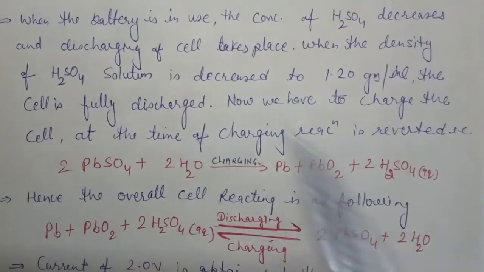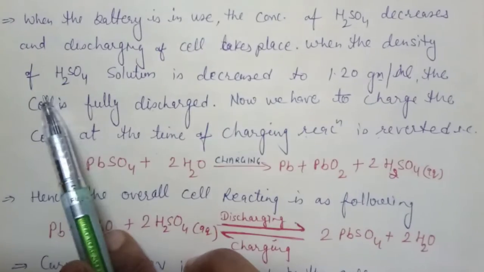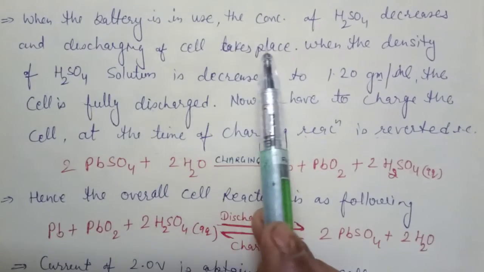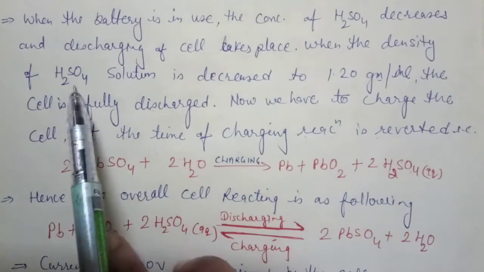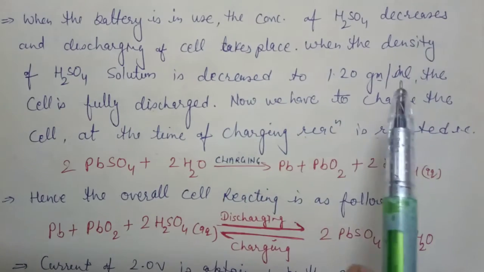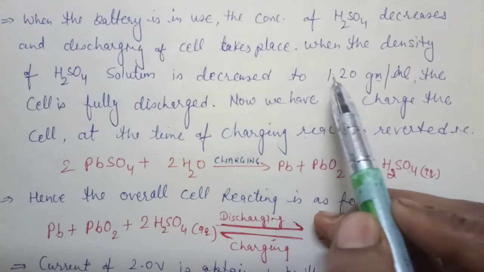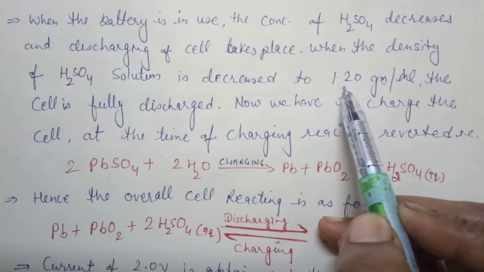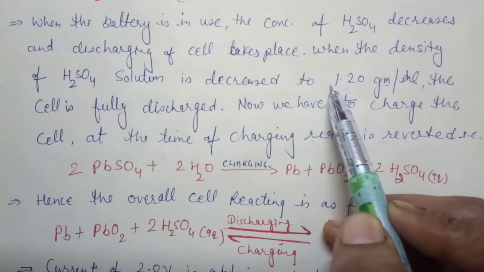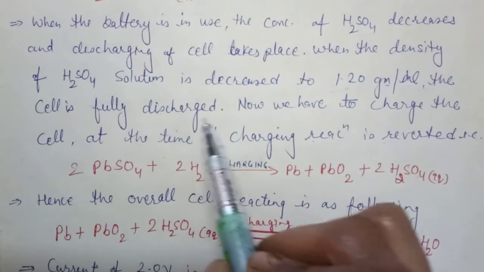So when the battery is in use, the concentration of H2SO4 decreases and discharging of the cell takes place. When the density of H2SO4 solution decreases to 1.20 from 1.30. First, in the starting, the density of H2SO4 was 1.30 gram per ml. Now it has decreased to 1.20 gram per ml. Then the cell is fully discharged.